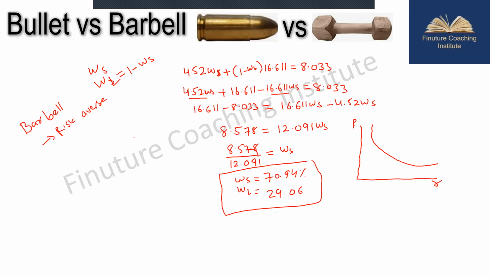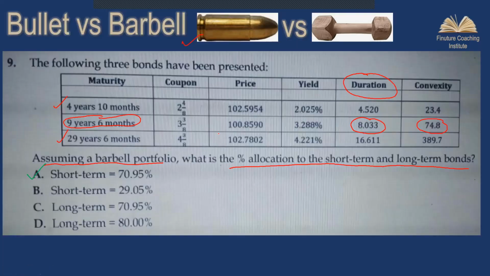So if you go back to the previous slide and calculate the yield of the portfolio, ideally, if someone is investing in a bullet portfolio, he may get a yield of approximately 3.3%. But with a 70% investment in this and 30% investment in this, your yield will be much lower than what you will get in a bullet.